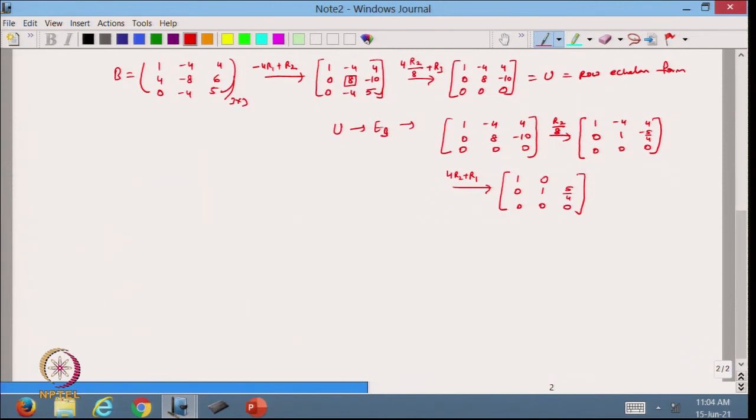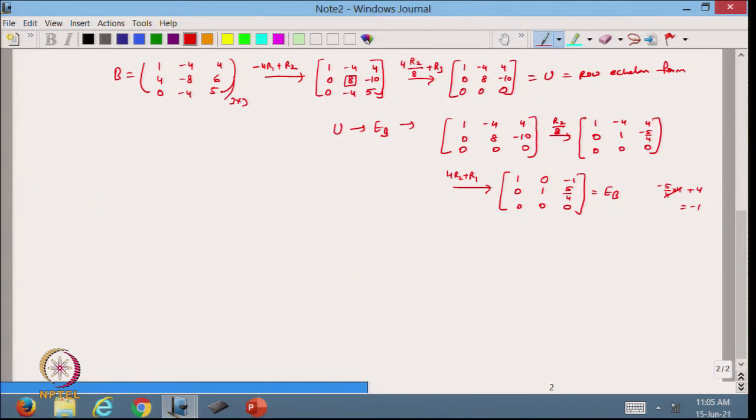Now, this becomes 0 because minus 4 plus 4 is 0, and this is minus 5 by 4 into 4 plus 4. So, that will be minus 1. So, it will be minus 1, and that is my EB.